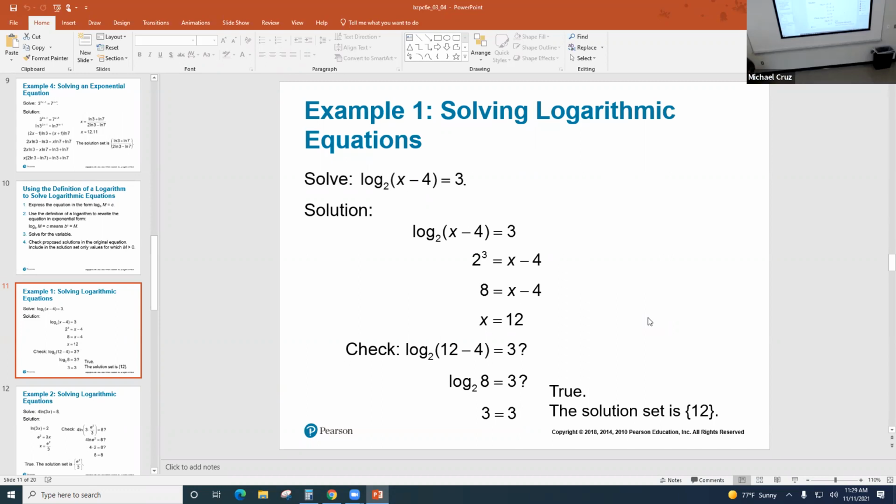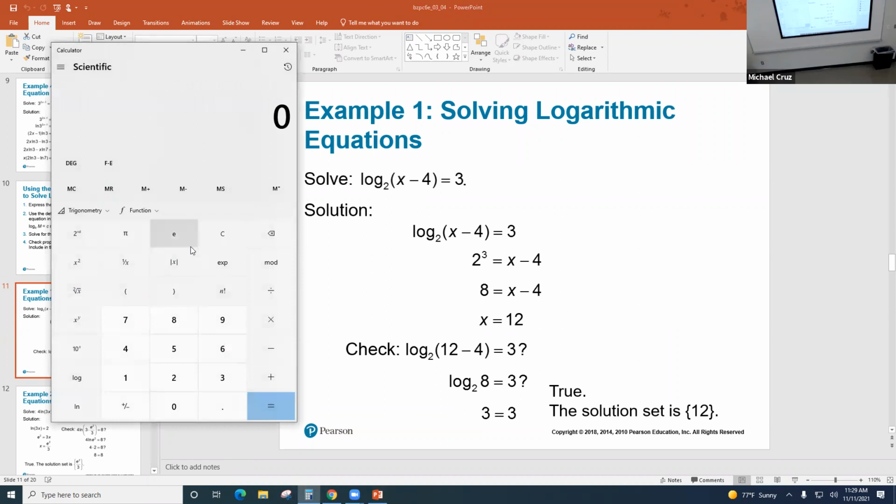In a general sense, the input for the logarithm has to be positive. But anyway, 12 minus 4 is equal to 8. So when we take the logarithm of it, see, it works. But if you did this, let's just say we put in a negative 8.